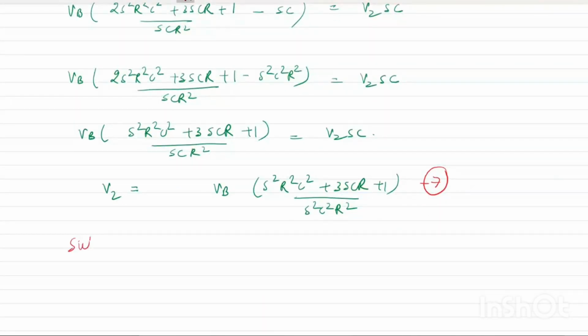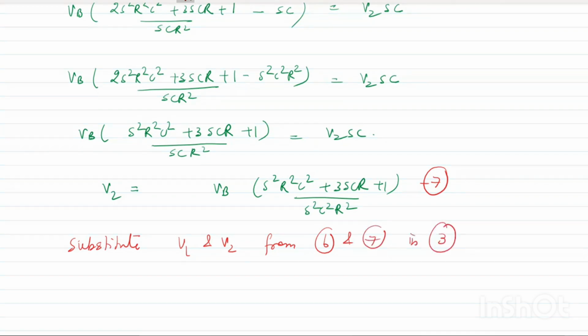Substitute, because initially we understood that V1 and V2 are unwanted, so substitute V1 and V2 from 6 and 7 in equation number 3.